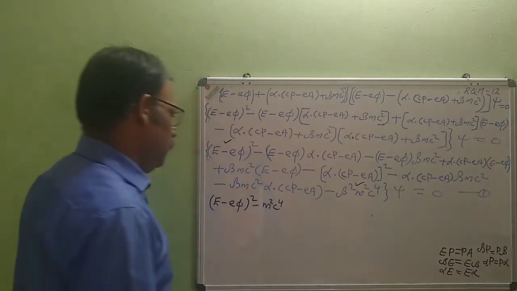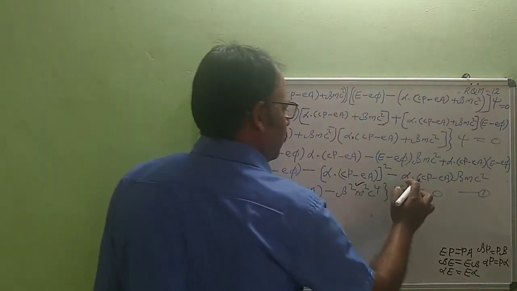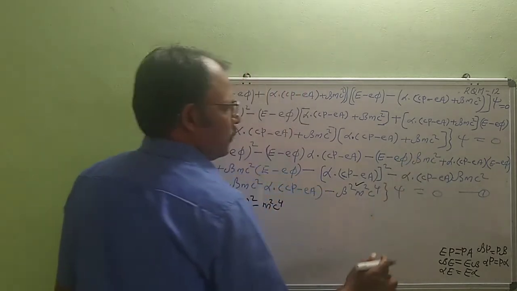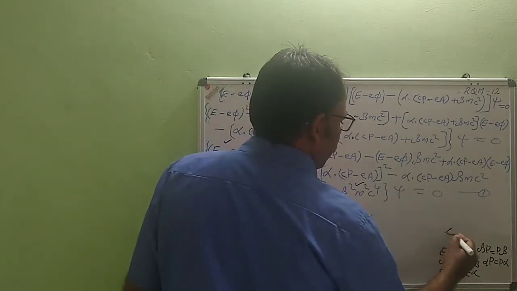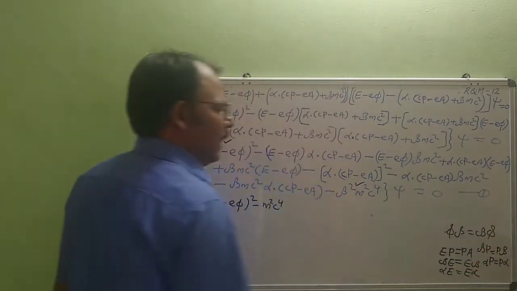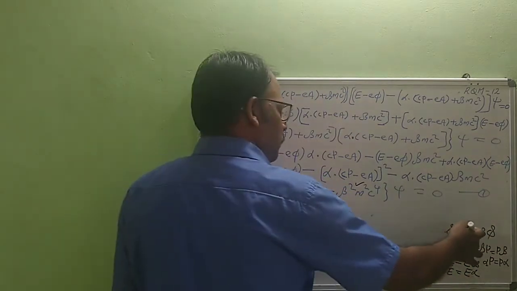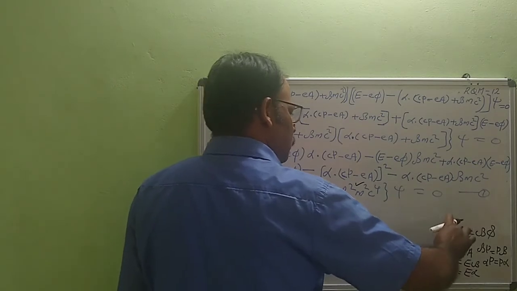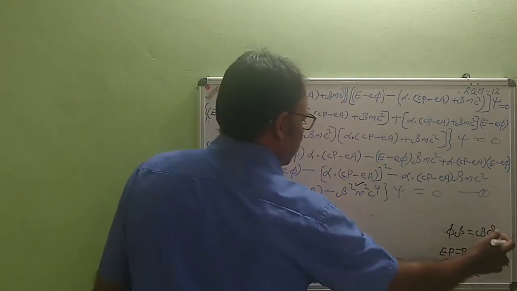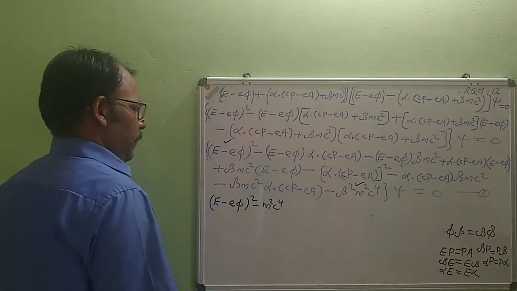Now see this equation: (E minus E phi) into beta m c square. Phi beta is the same as beta phi. Phi is a scalar quantity and we are multiplying beta by a scalar number, so multiplying from left or right doesn't matter. So phi beta is the same as beta phi.